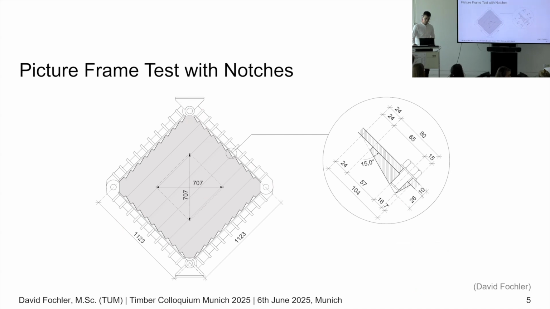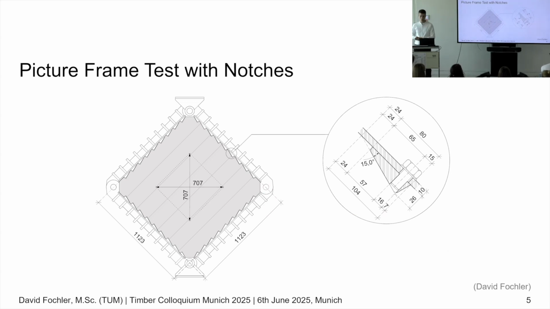The result is, first of all, one disadvantage, because the test specimen gets a lot more complex in form, with all its edges and corners. So those small notches we have to create in the test specimen are not easy.